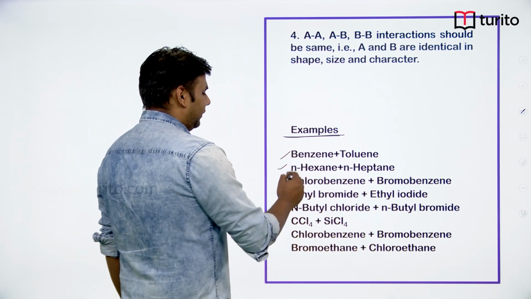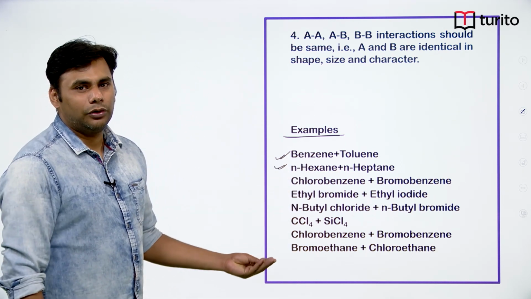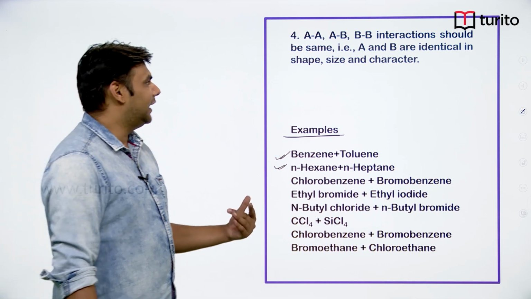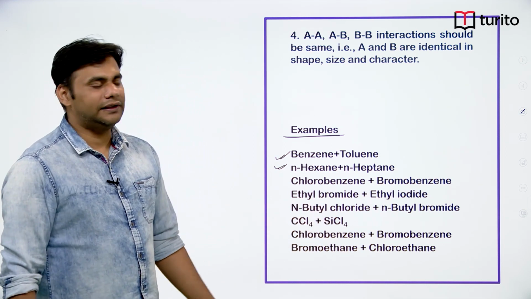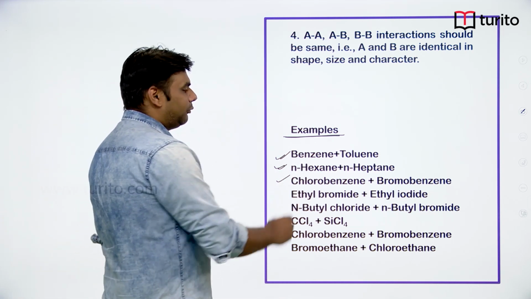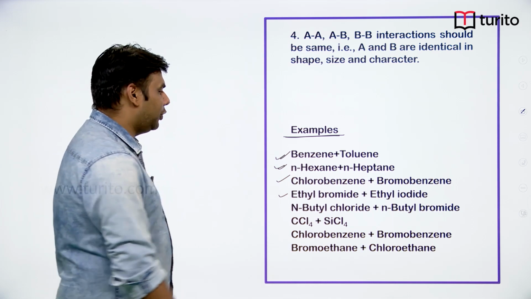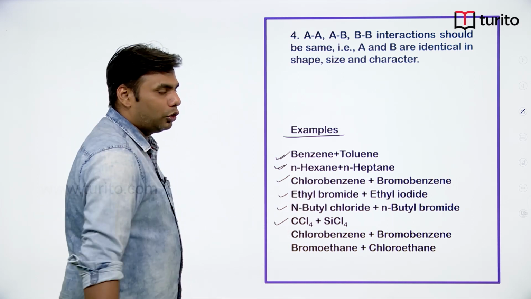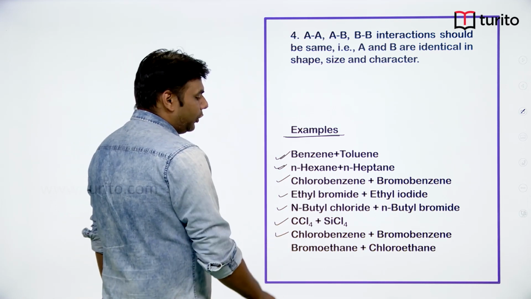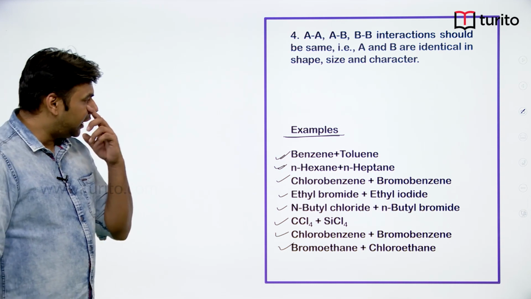N-hexane, N-heptane, N-hexane is having 6 carbon, N-heptane is having 7 carbon, only the number of carbon is different, else the size, the shape, the character would be the same. Similarly, chlorobenzene and bromobenzene, similarly ethyl chloride and ethyl iodide, N-butyl chloride, N-butyl bromide, CCl4, SiCl4, bromoethane and chloroethane. Okay, so all of them are ideal solutions.